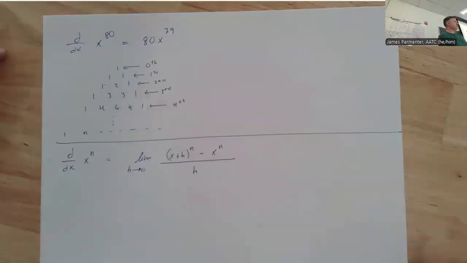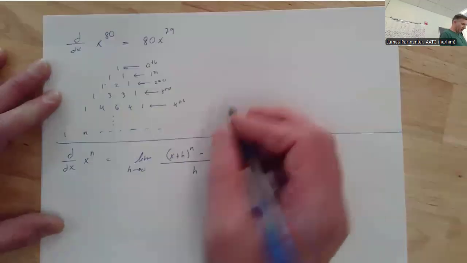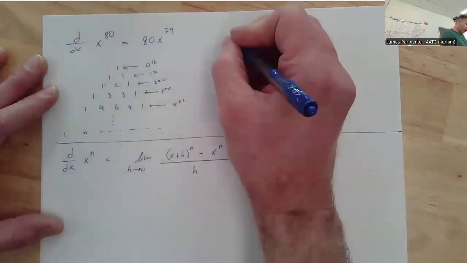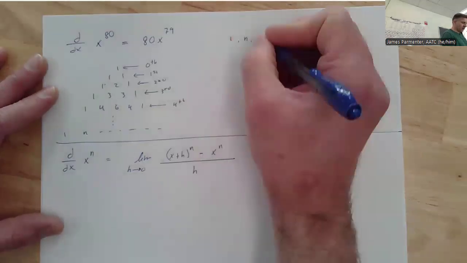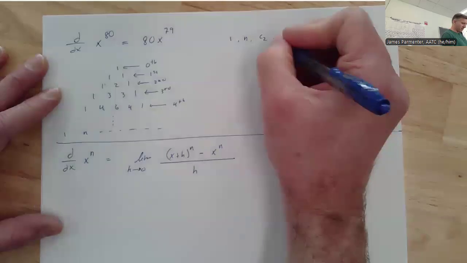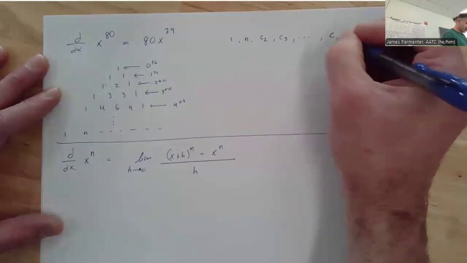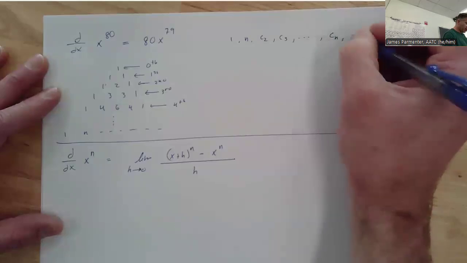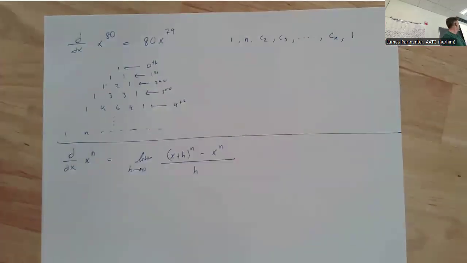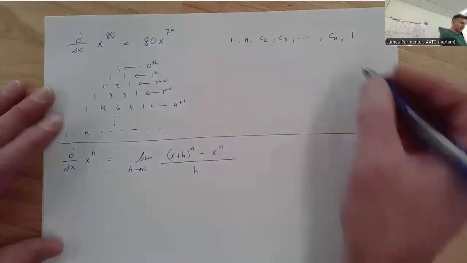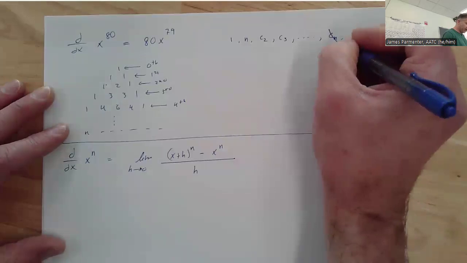And just so things don't get too messy, I'm going to say that our coefficients are 1 and then n and then some c2 and then some c3, all the way to some c sub n, and the last one will be a 1. In fact, the second to last one will also be n, right? There is symmetry here.